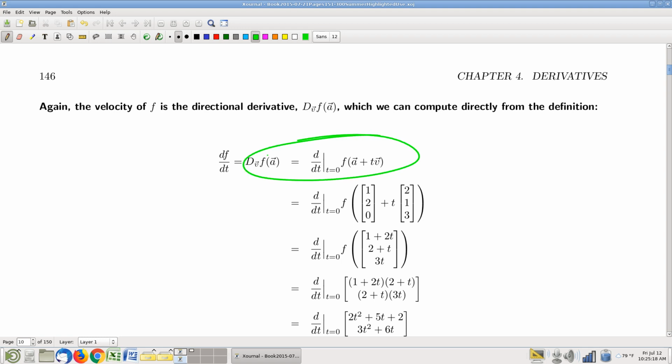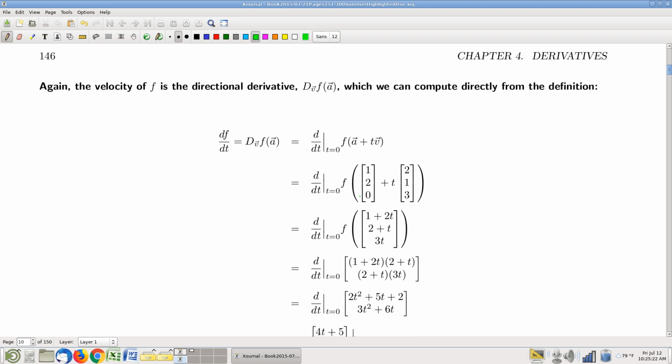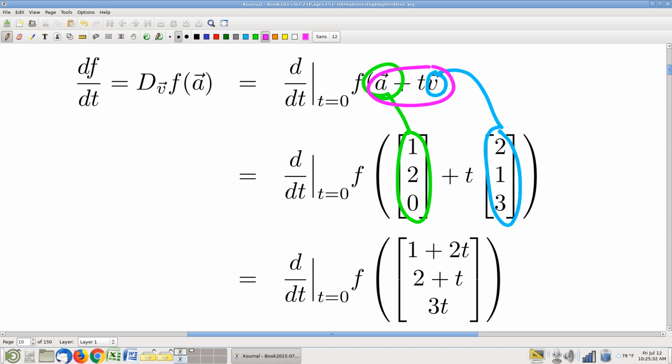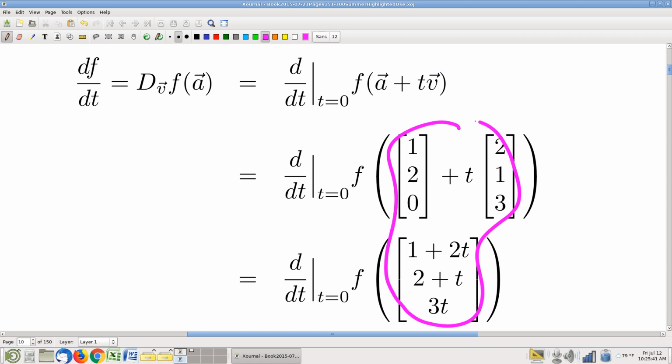Directional derivatives are this formula. Plug in. Now, again, just like last time, A is that. V is this. So A plus tV is that. Step one, multiply out and collect coordinates. Now we're going to plug into the function.